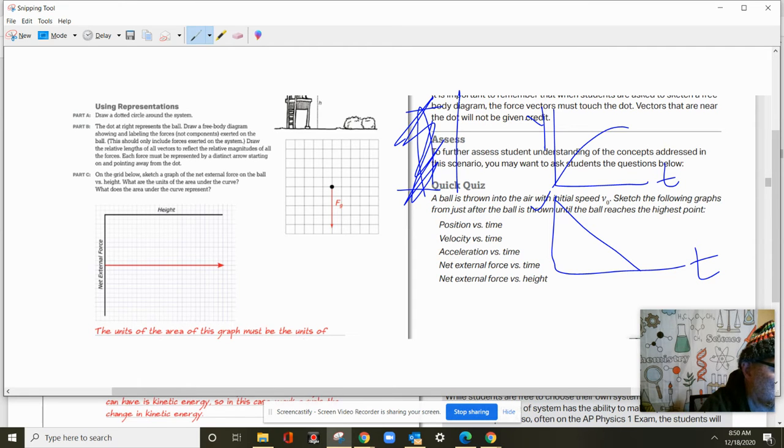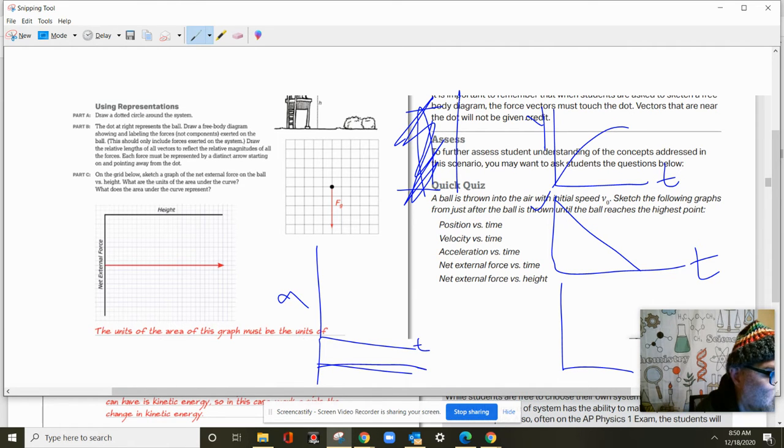The acceleration graph also, I'm pretty confident with. Let's save that for something else. The acceleration graph, it would be down here, it would be negative 9.8, right? So that's the acceleration graph. Way down below. The net external force versus time. So the force is mg, and it should also probably be negative, technically.